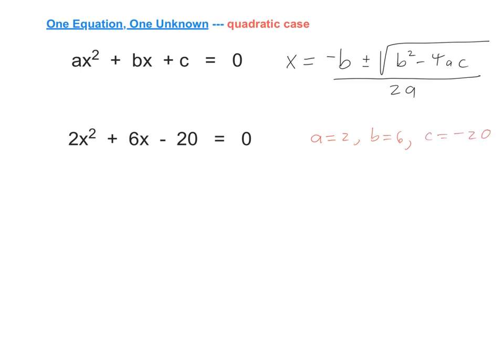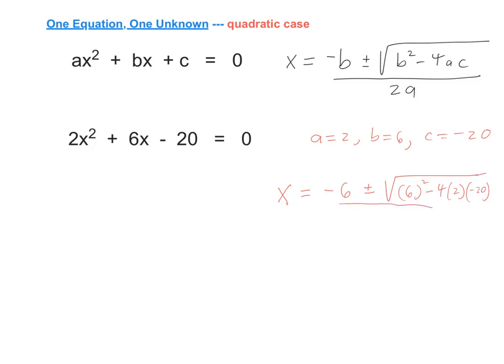So we simply have to plug into the quadratic formula, and we find that x is equal to negative b, so that would give us negative 6, plus or minus the square root of b squared, so that's 6 squared, minus 4 times a, which is 2, times c, which is negative 20.